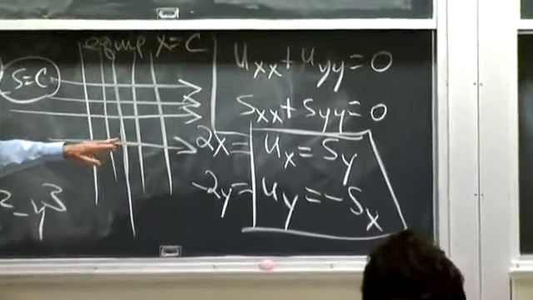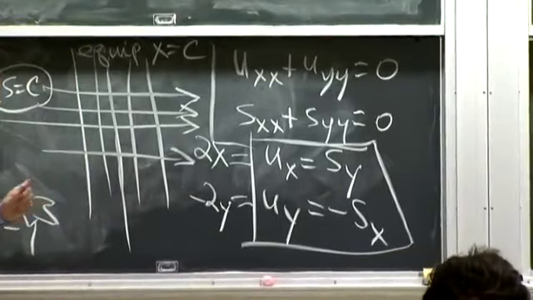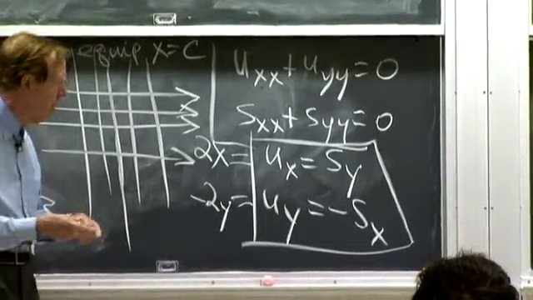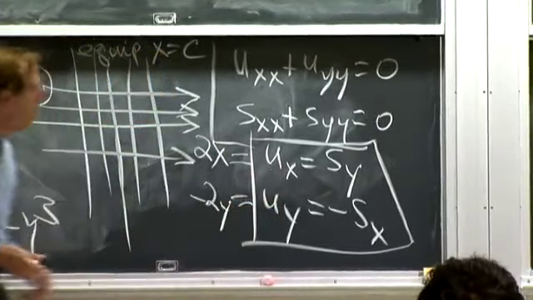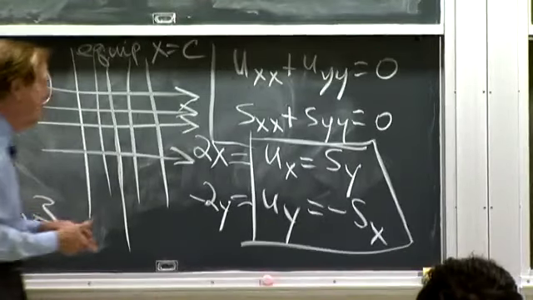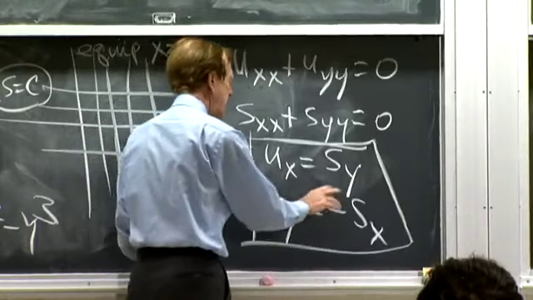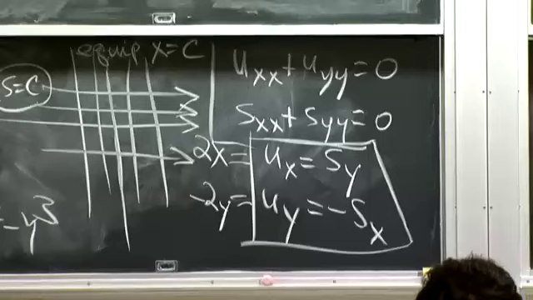Because the gradient... you see that they're perpendicular, and it's maybe overkill to try to give a proof. What I want to say is that the gradient of u is a 90-degree rotation of the gradient of s.